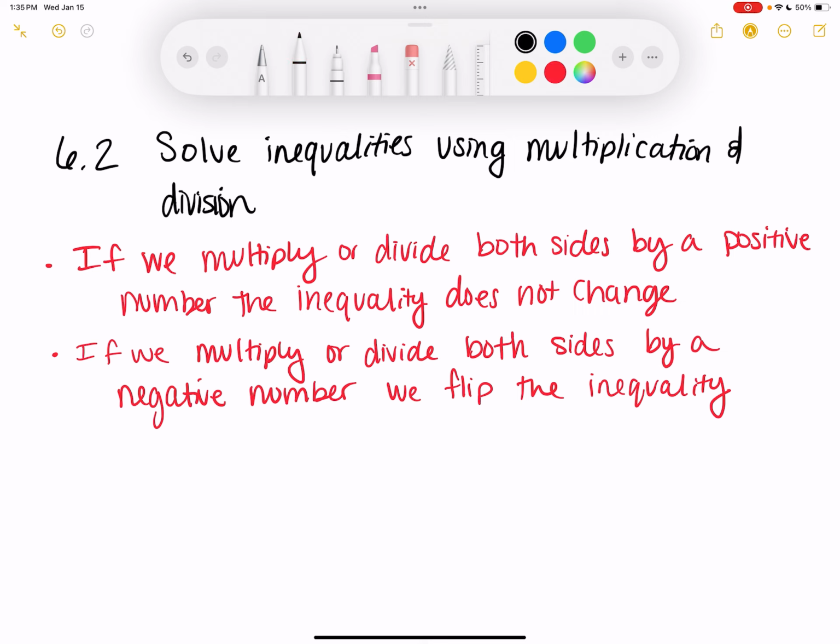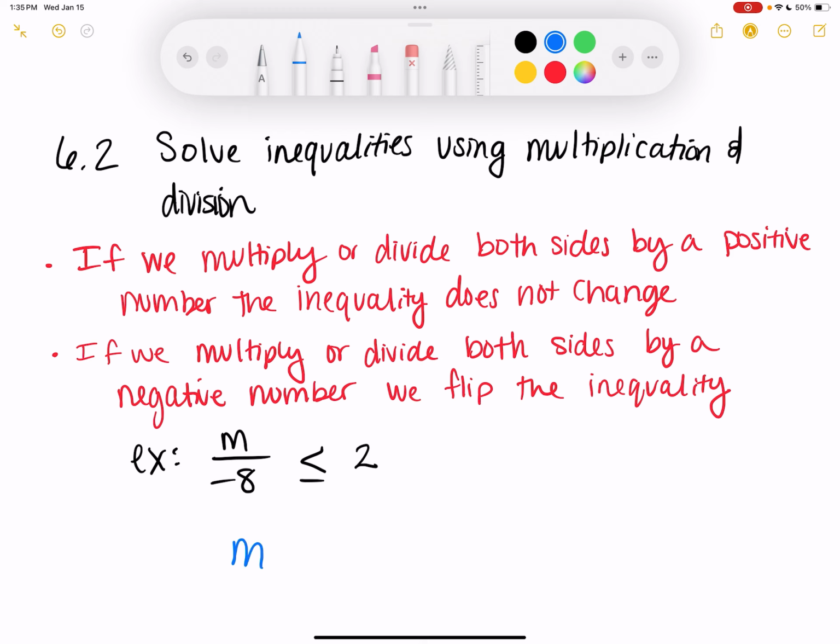So an example of that is if I had something like m divided by -8 is less than or equal to 2. We multiply both sides by -8. And so I would be left with m.